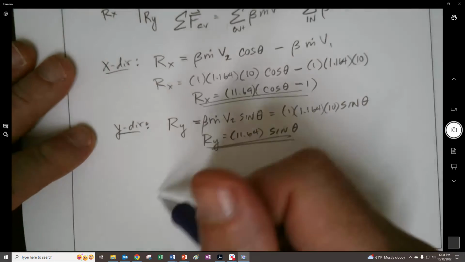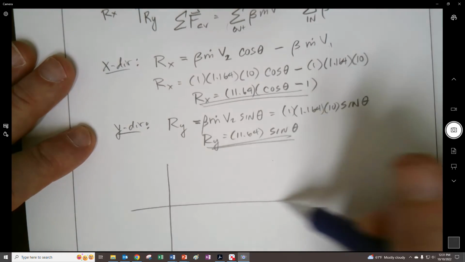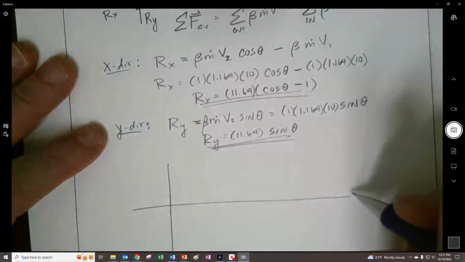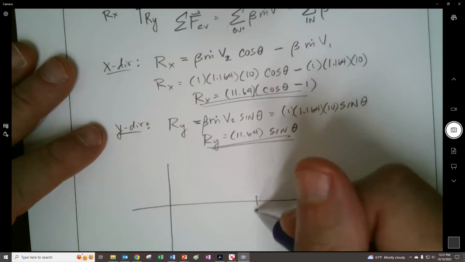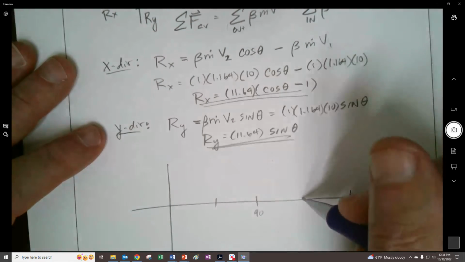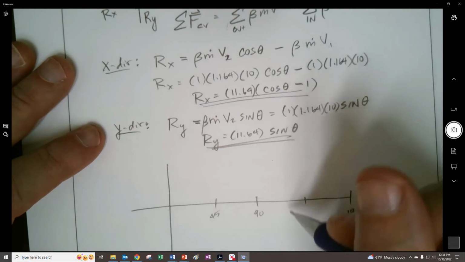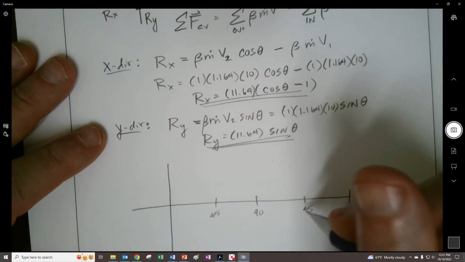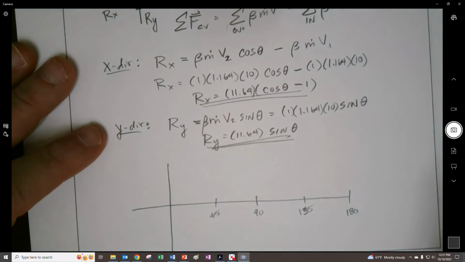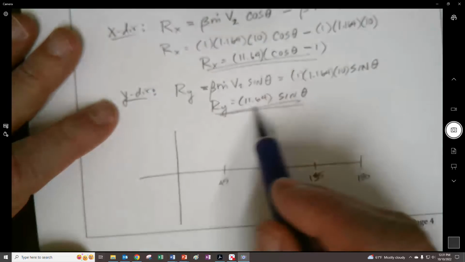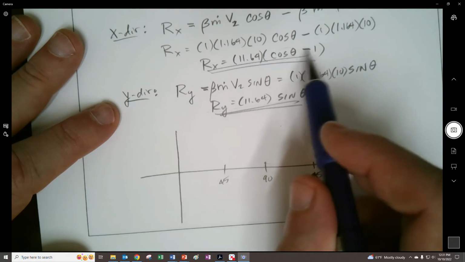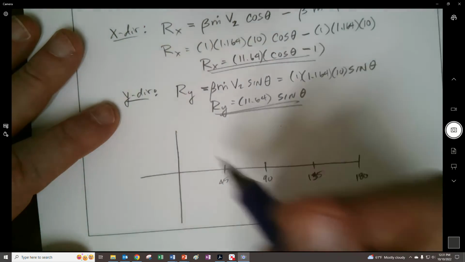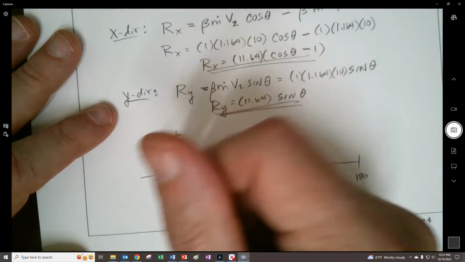And we can graph this. Let's go for 180 degrees, 90. Here's some 45s for you. 135, whoops. So here, this is going to be a positive value, and this is always going to be a negative value because that's always going to be something less than 1, or equal to 1.